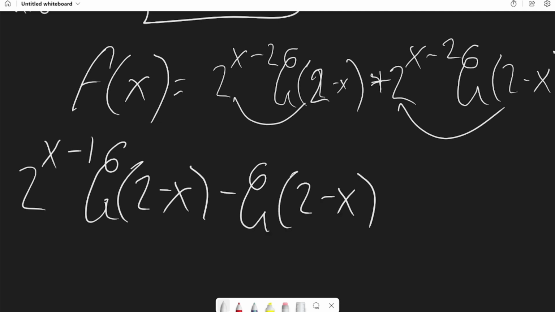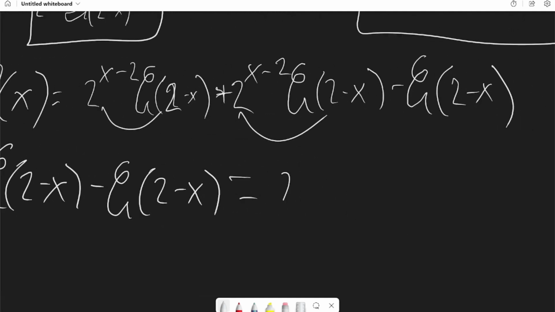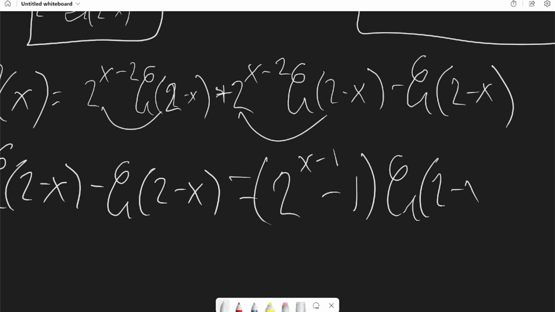So then we can finally factor out 2 to the x minus 1. I forgot this happened. 2 to the x minus 1 minus 1 times Riemann zeta of 2 minus x.